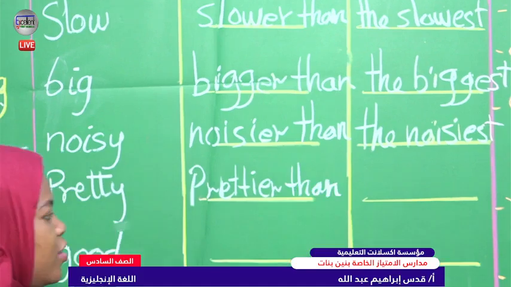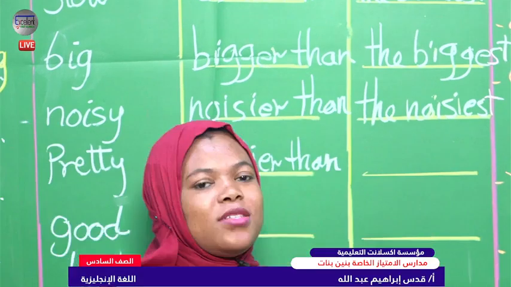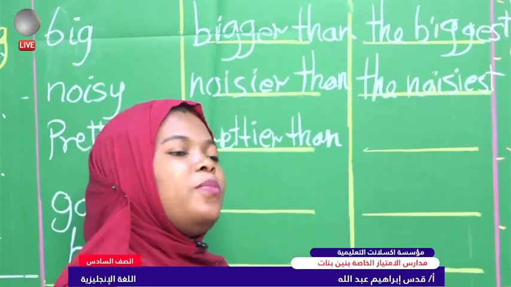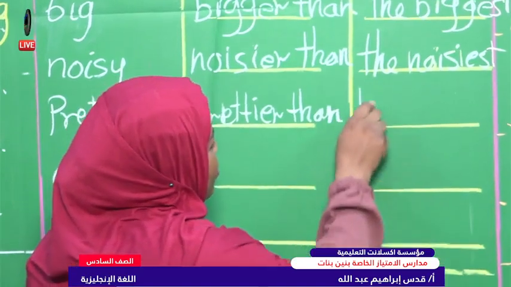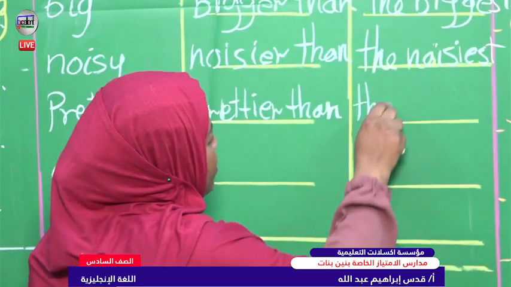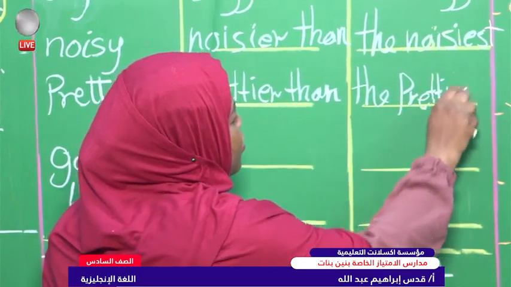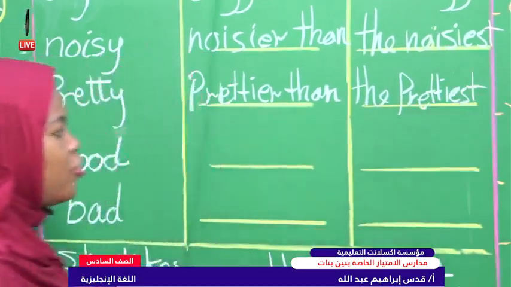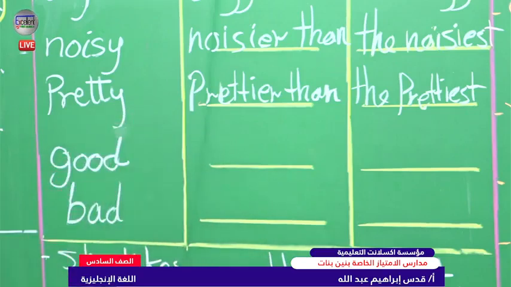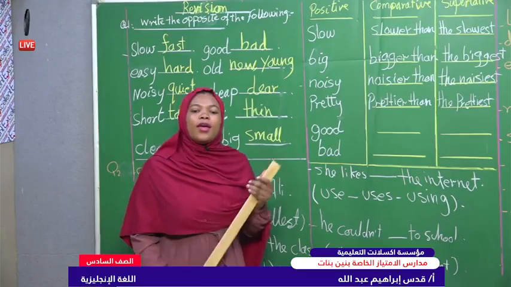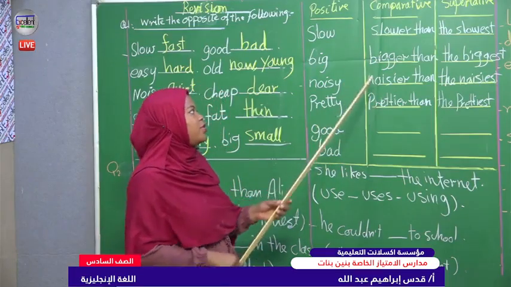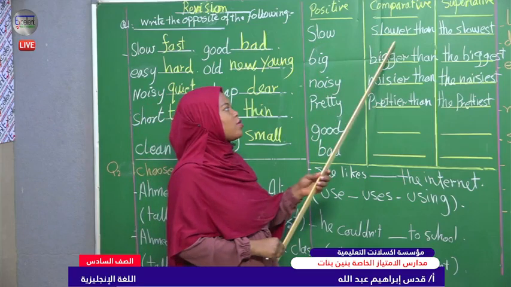And here, the prettiest, the superlative. I-E-S-T. I'm going to drop the Y, okay? So for all the adjectives, if I want to make a comparative form, I'm going to add ER: slow, slower than.